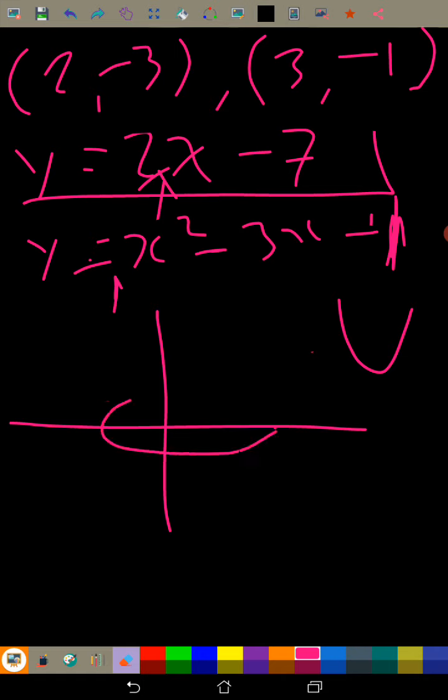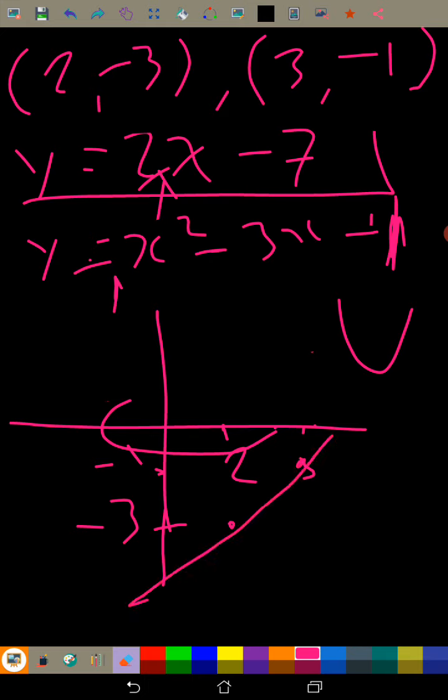We just know that at this point where 2 minus 3, 2 minus 3 is here. So at this point the line crosses the curve, and we also know that at 3 minus 1 crosses again.